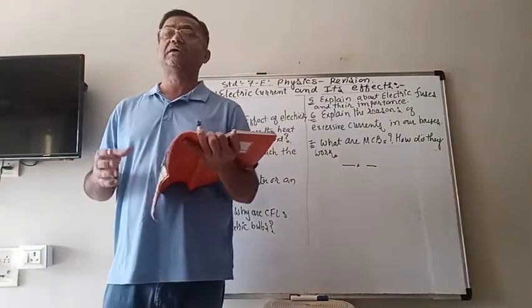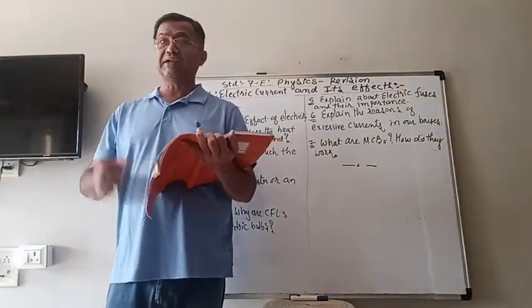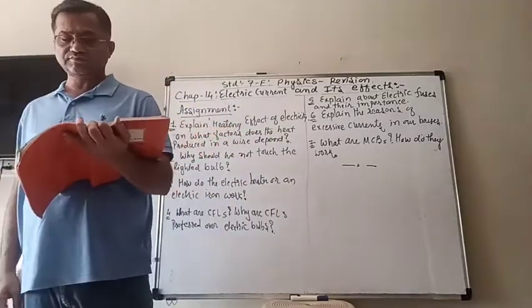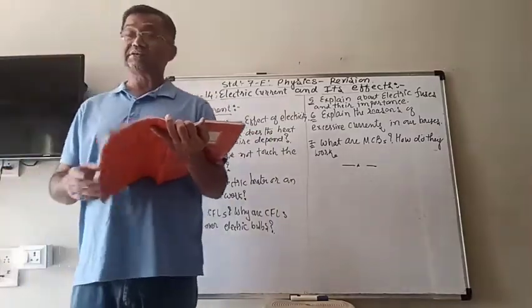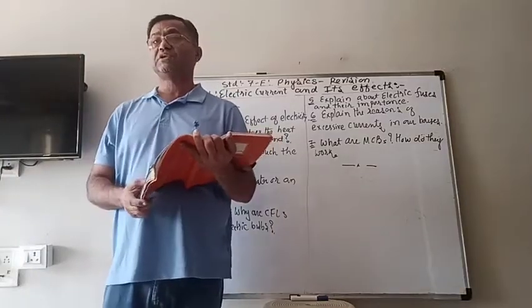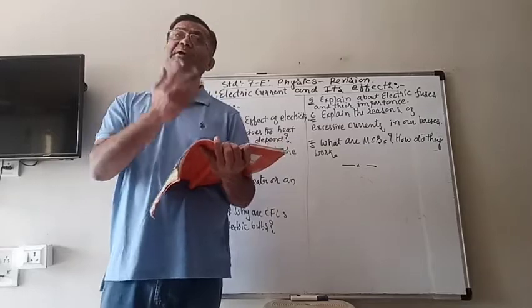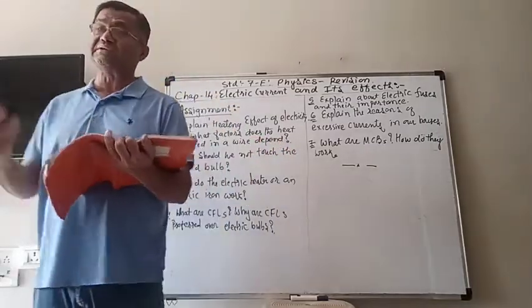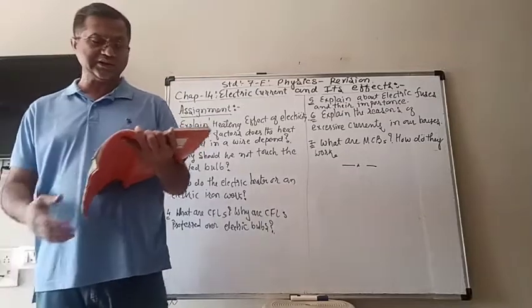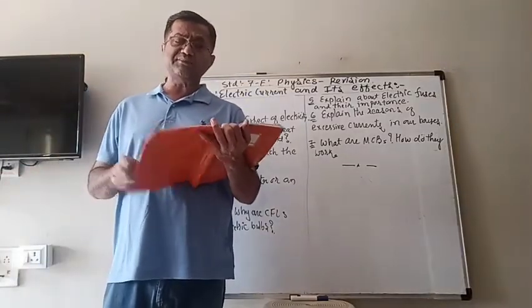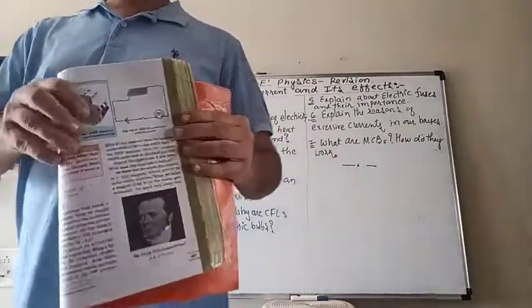They automatically switch off so that we can save our appliances, and that also must be ISI marked, otherwise it cannot break the circuit when high power is there. It will still be on, then the power will flow in the circuit and it can damage our electrical appliances. So MCBs are used like that.